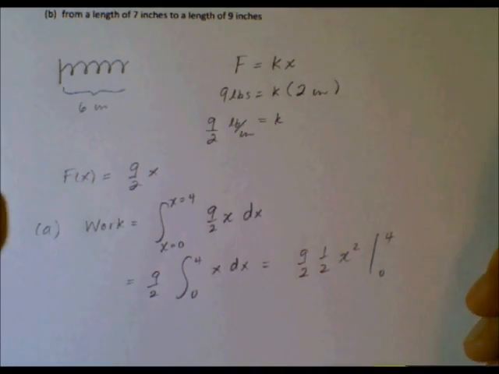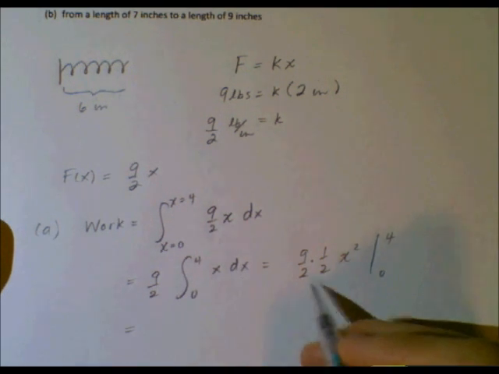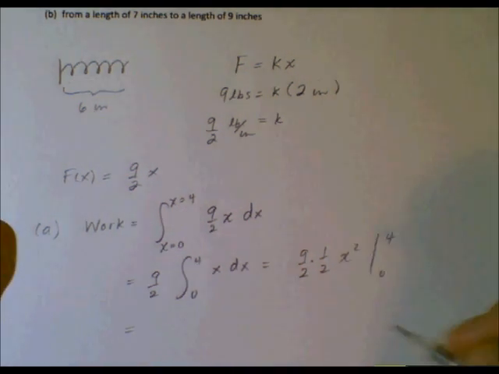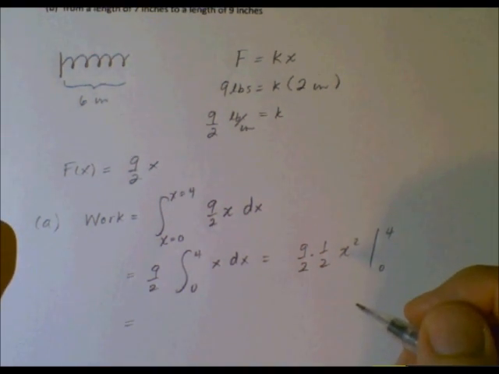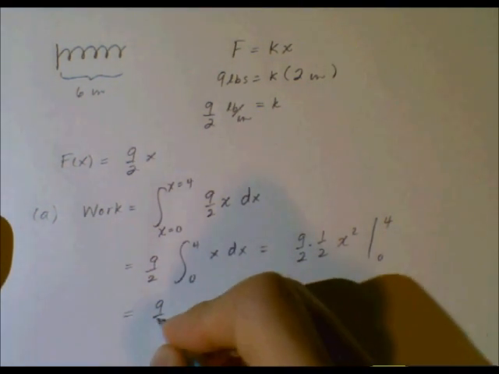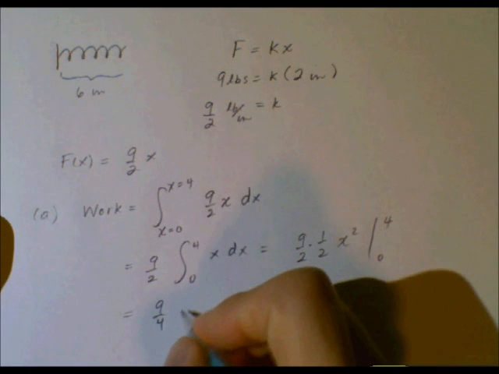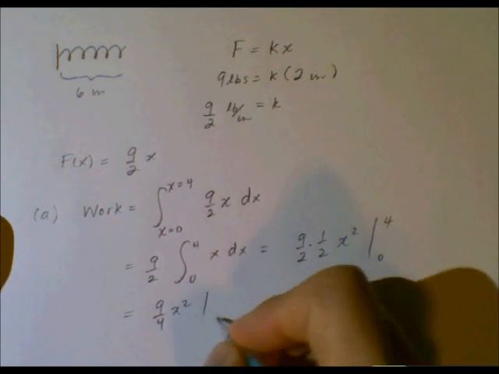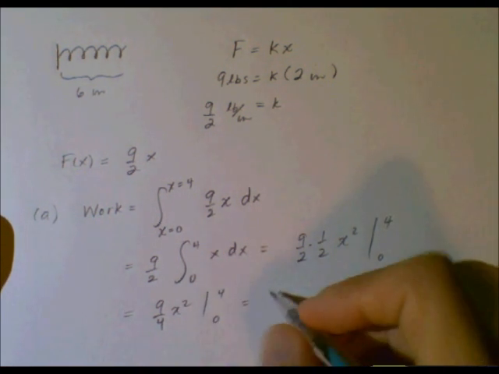What am I using here? Well, the fundamental theorem of calculus. Anti-differentiating and then evaluating the antiderivative at my limits of integration, taking the difference. So this is 9/4 x squared, running from 0 to 4.